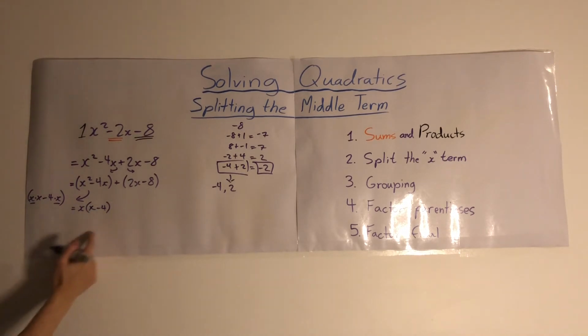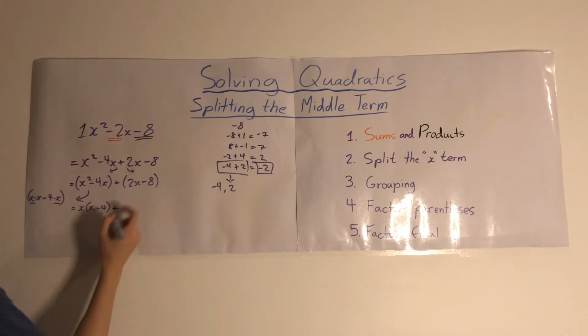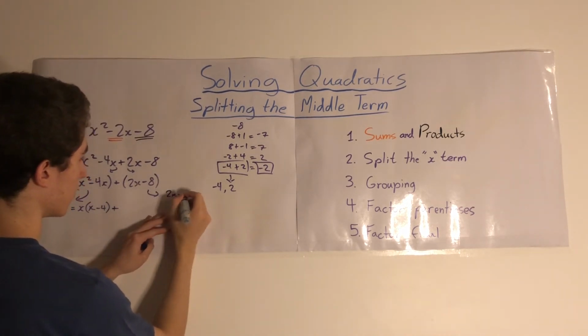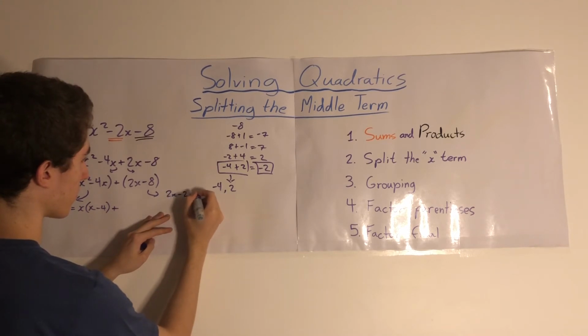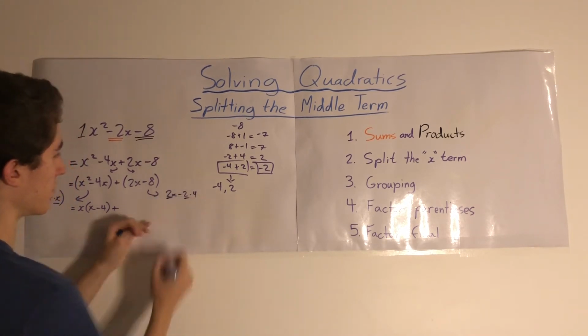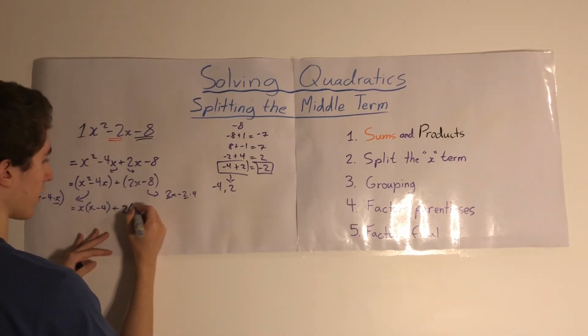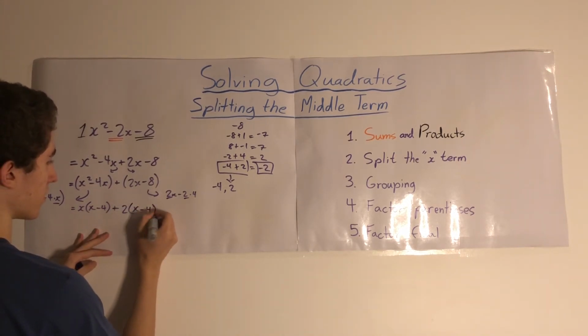And you can distribute this back to check that you really get that. And on this side, again splitting into terms, minus 2 times 4. And here you see you have a repeated 2. Therefore, you can pull it out, and inside you actually have x minus 4.